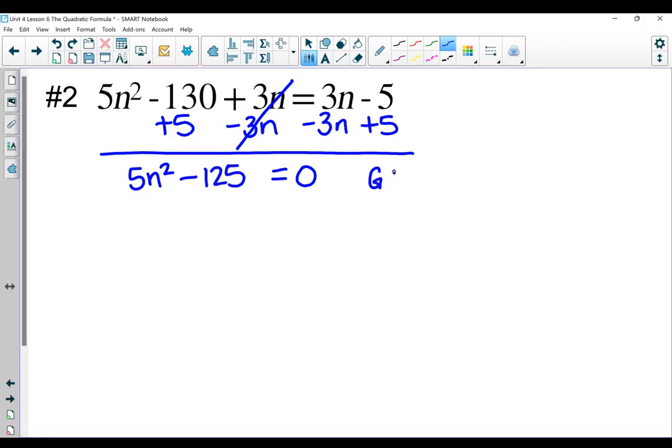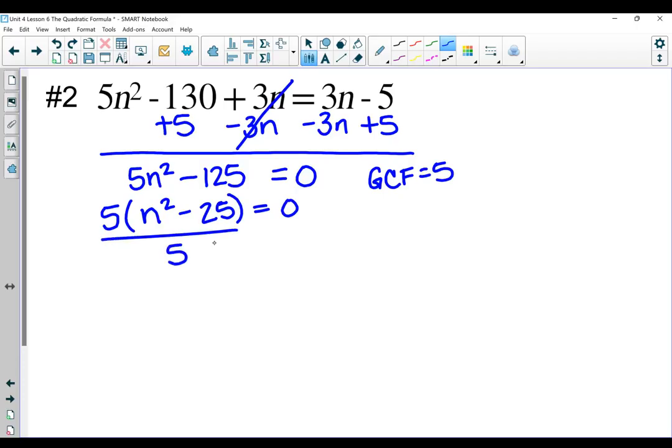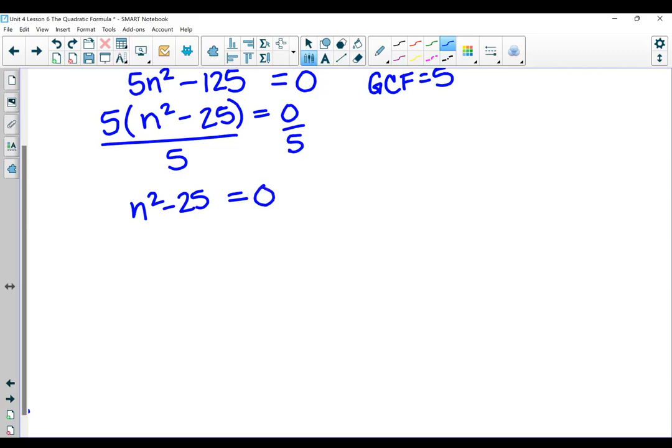There's a GCF of 5 here, so I'm going to take that out. If I can work with smaller numbers, I should. And I'm going to divide both sides by 5 to get rid of it. So I've simplified my equation down to n squared minus 25 equals 0.